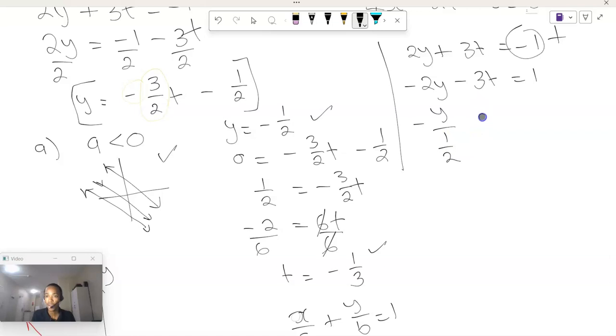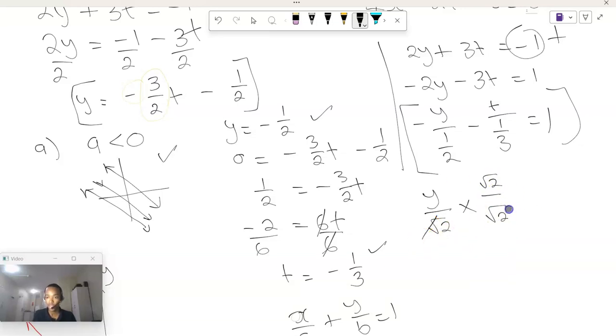minus t over a third, right? It's basically 1. If you know how to rationalize, we did rationalizing, where we said if I have, for instance, y over root 2 and I want to remove this root 2, I have to times both sides by root 2. This is basically 1, so these two will move.